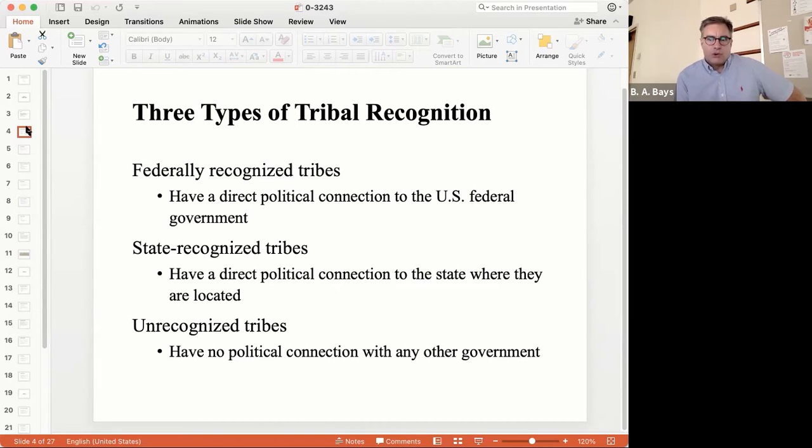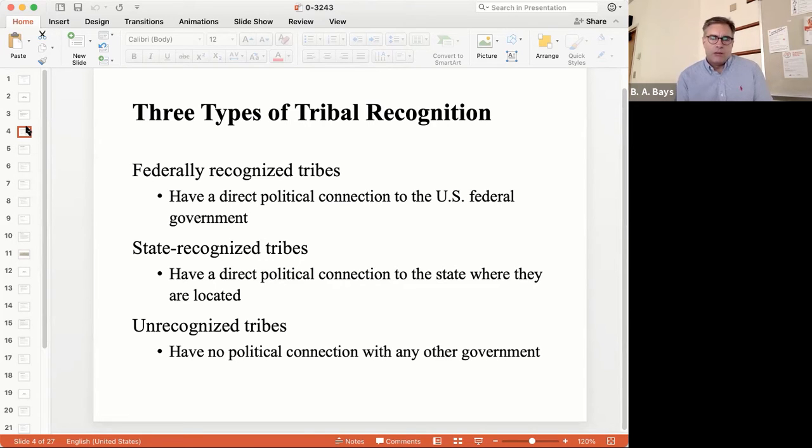However, there's a problem, and that is if a tribe wants to engage in gaming, then it typically would want to provide gaming in the way that the federally recognized tribes would, which would be subject to the Indian Gaming Regulatory Act. So to be subject to federal law, you have to be federally recognized.